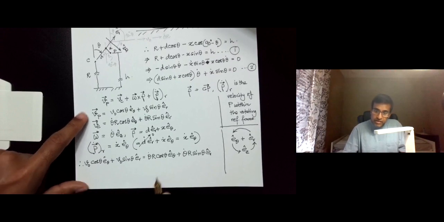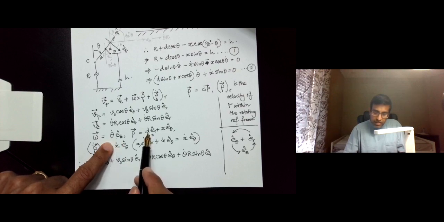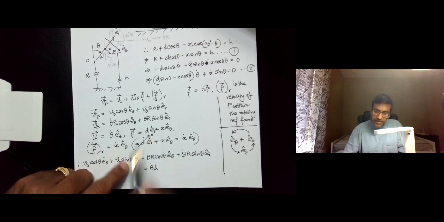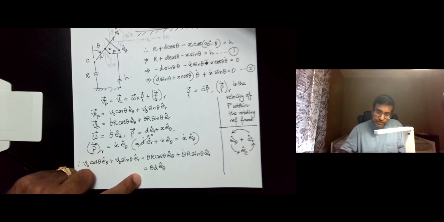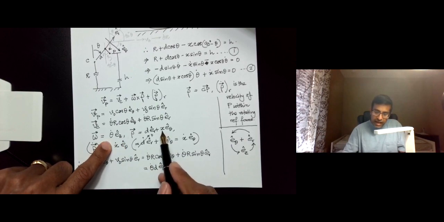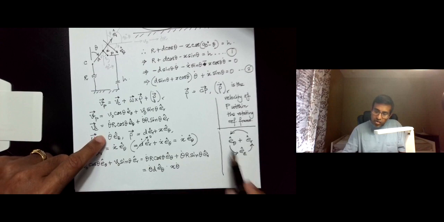So with this coordinate system in place, first we take the cross product of theta dot EZ with DER, which is going to be theta dot D, and EZ cross ER is E theta. Then we do theta dot EZ cross X E theta, so that is going to be X theta dot, and EZ cross E theta is minus ER, so minus ER.